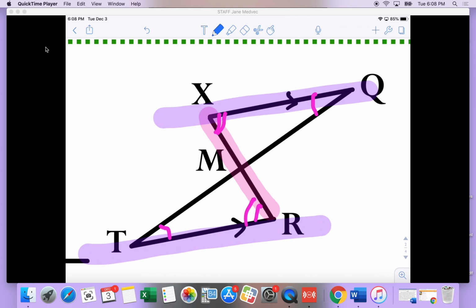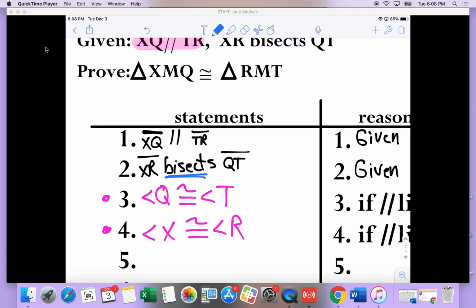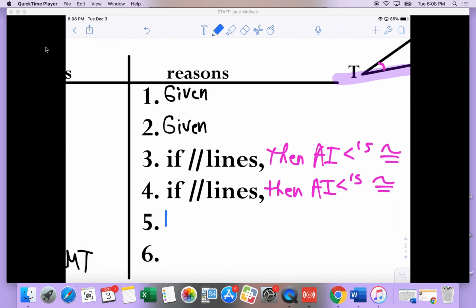But notice that in the problem, they gave me bisects. If they give you something like that, you are going to use it. And think about what bisecting means. It means cutting things in half. So I'm going to say MT, that line segment, is congruent to MQ. And the reason is going to be definition of bisects.